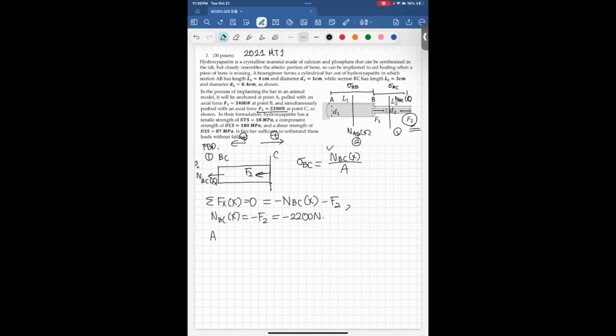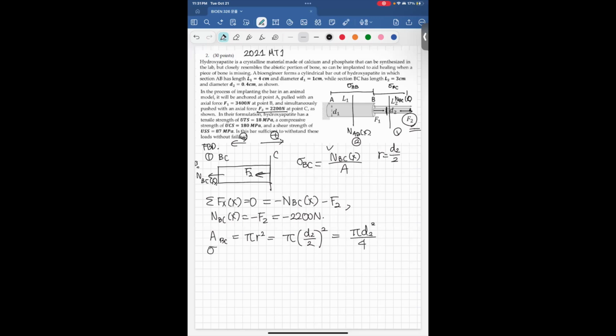And the area of BC, by the way, because it's a circle, is definitely going to be pi r squared. But what is r? Because d2 is the diameter of the circle, r is d2 over 2. So we can write pi times d2 over 2 squared, which will give us pi d2 squared over 4.